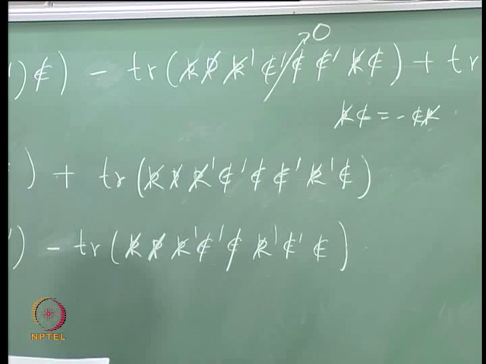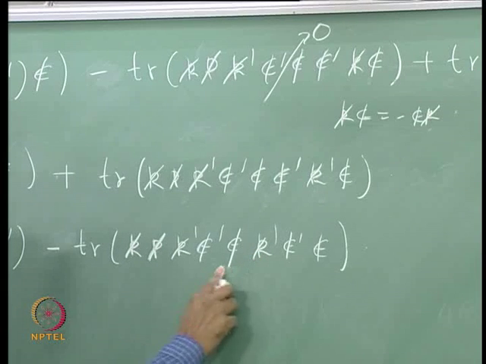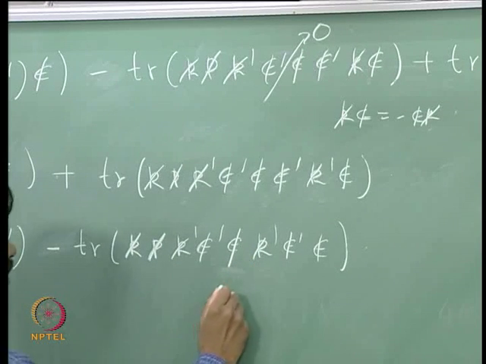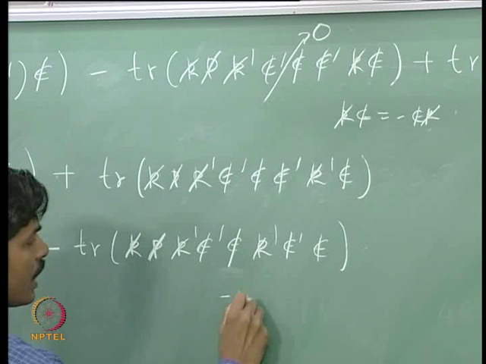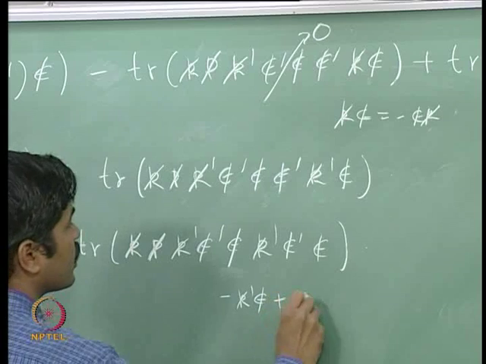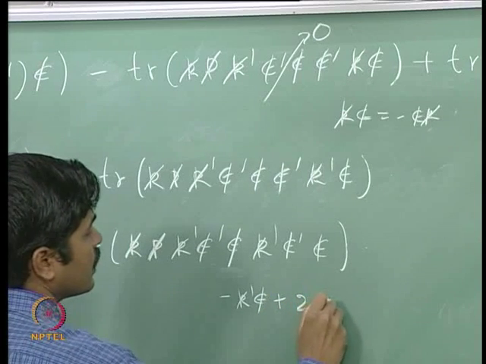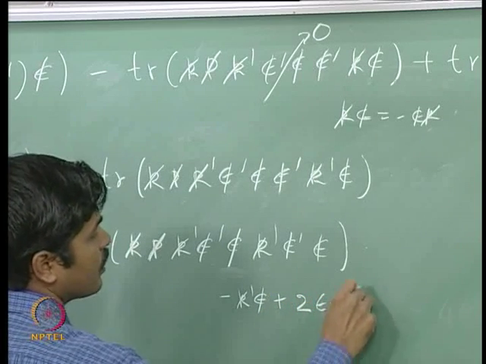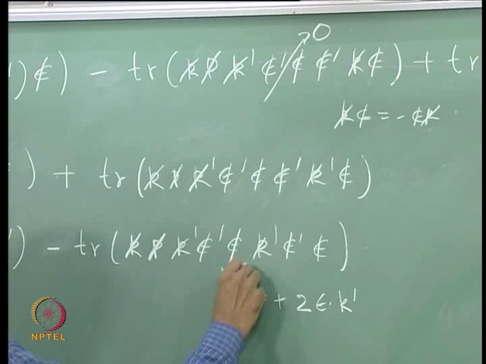One of them will be simply minus k prime slash epsilon slash plus twice epsilon dot k prime. That is what I will get from here.